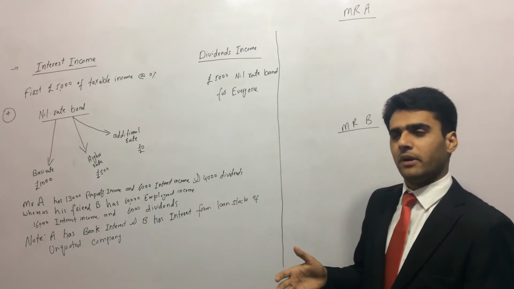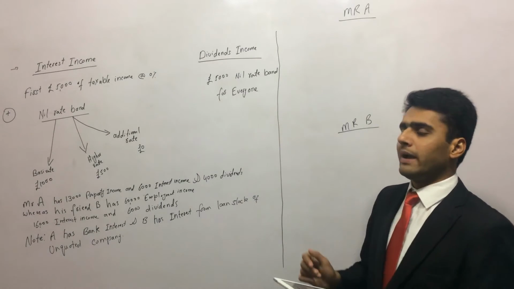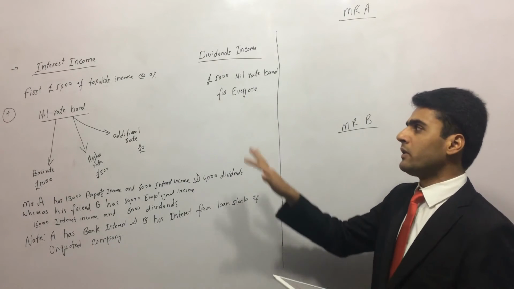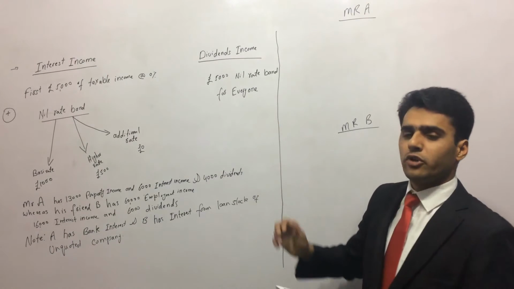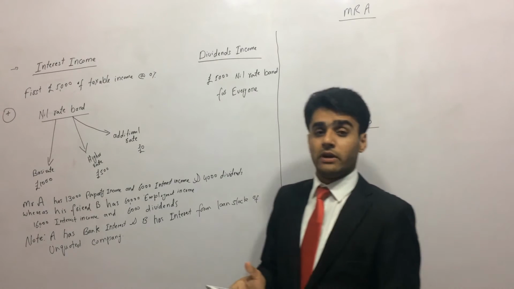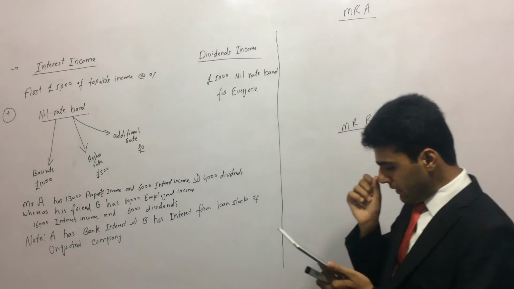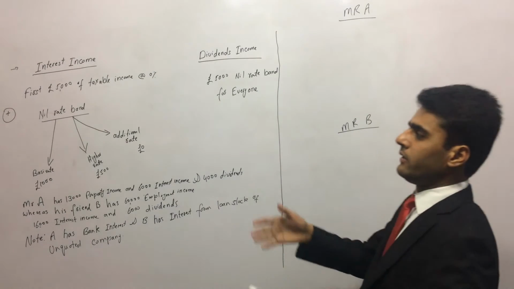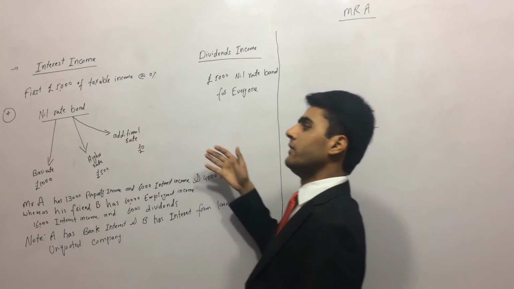You are a higher rate taxpayer, aren't you? Still you will get £5,000 of nil rate band in the dividends. So the first £5,000 of the dividends will be at the rate of 0%, and the excess will be subject to the rate given. Right? So that is our nil rate band of the dividends. That's how we deal with the interest income and the dividend income.